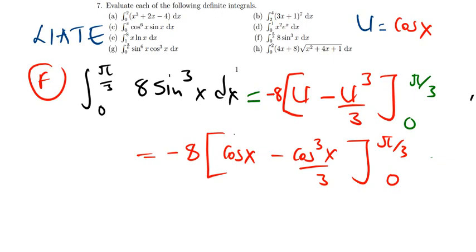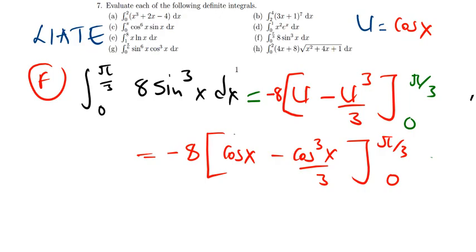Okay, so for your own information, what is cosine pi over 3? Cosine pi over 3 is the same as cosine 60, which is just half. Then cosine of 0 is just 1.